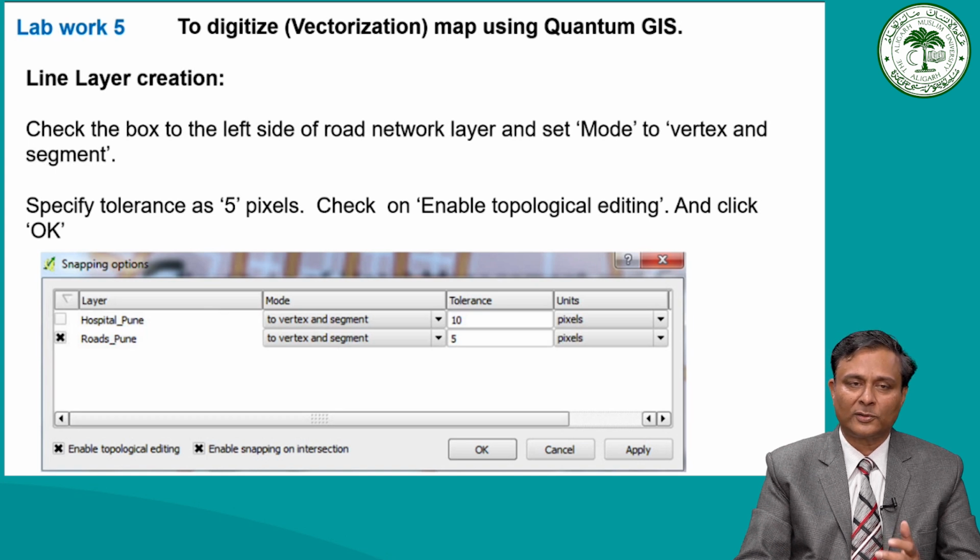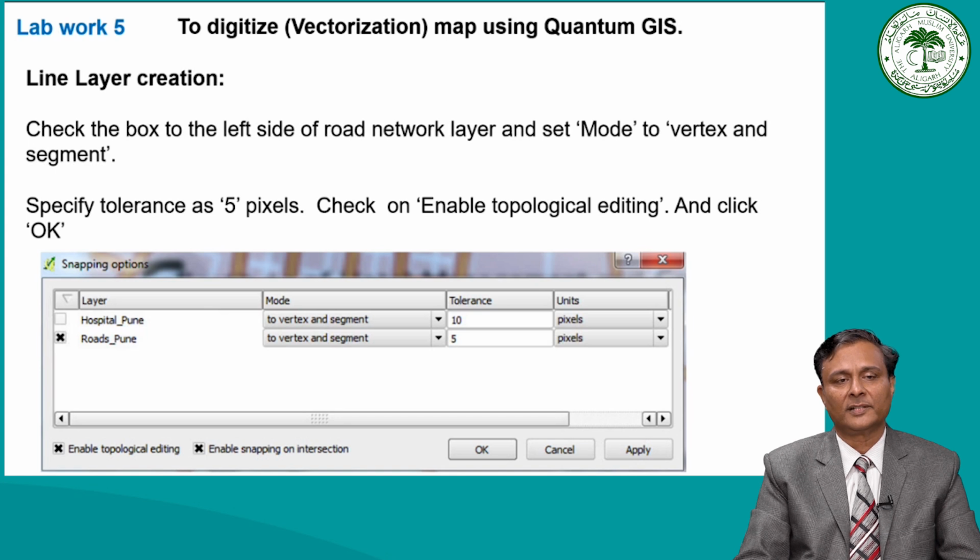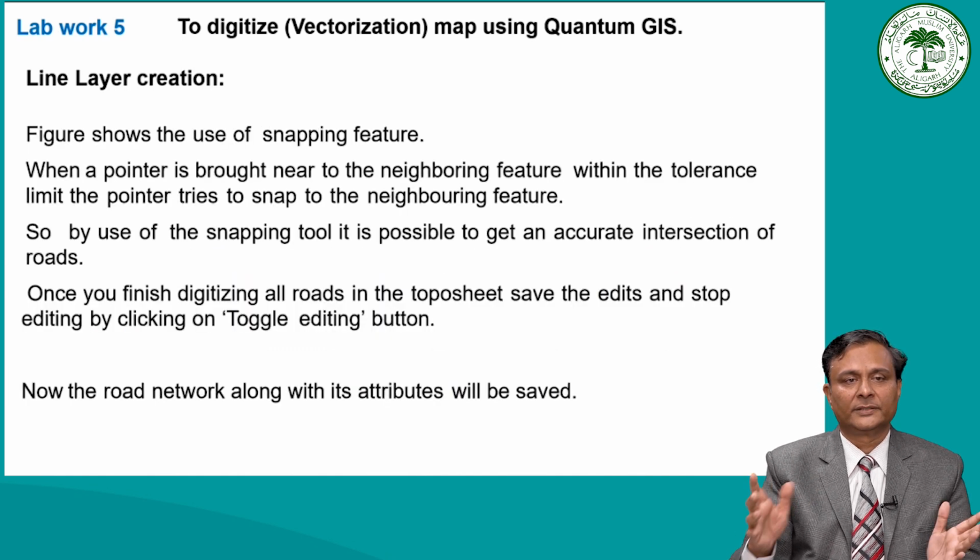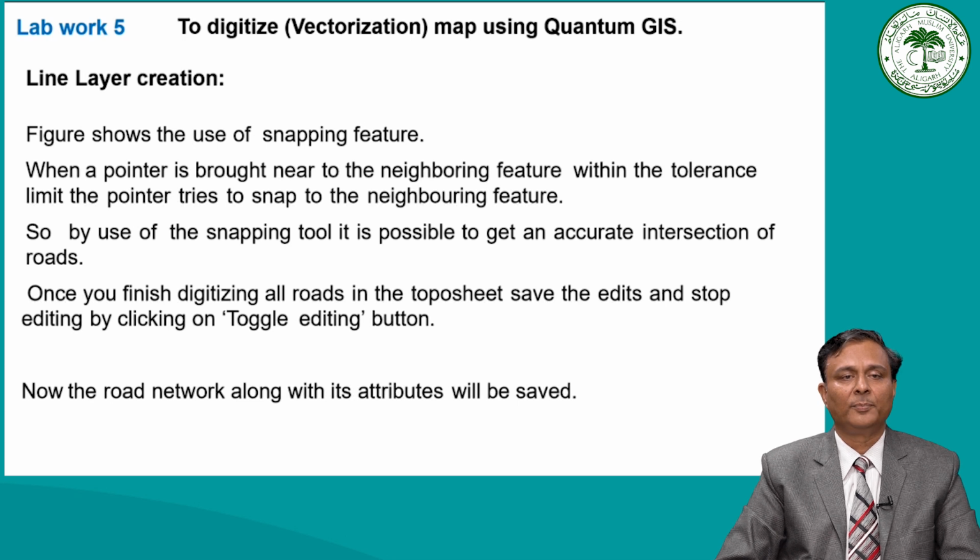Although the system generally has a 5 pixel or 10 pixel tolerance limit, if you specify it, then the system will take that specific tolerance. So this way you can complete your vectorization in line format. This snapping tool will be very important to get an accurate intersection of the roads.